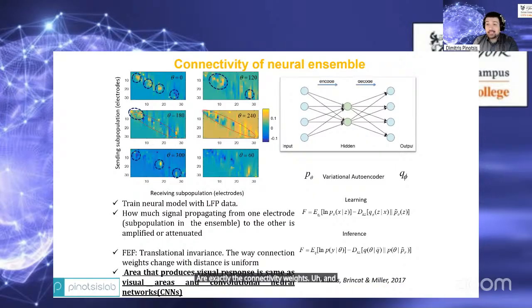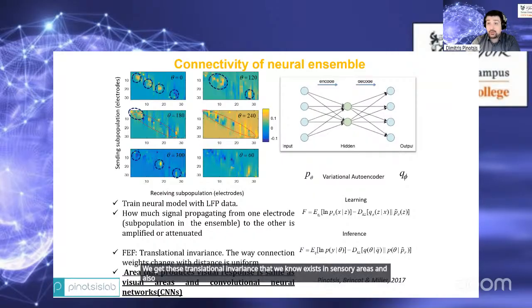And what we see, in a data-driven fashion, in frontal areas in this case, so we record from the FEF, which has a visual representation, a visual map of the visual field, because it's used to generate the saccade command, is this translational invariance that we know exists in sensory areas and also in, for example, convolutional neural networks.